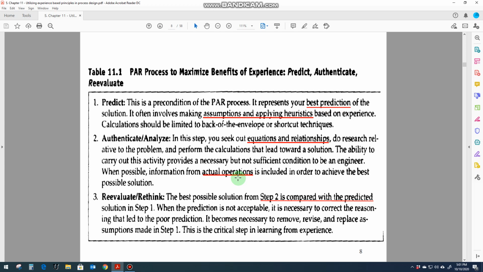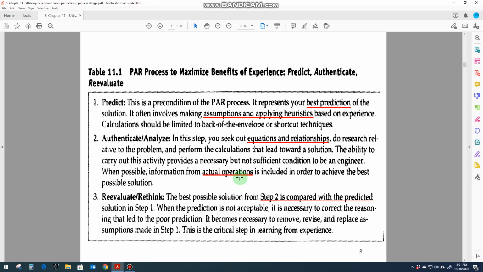But for getting the actual values from the process, that is the best way. So we can develop our heuristics depending on the actual values from the process, and then develop our own equations that can quickly solve any system, or predict if there is any fault in the system.